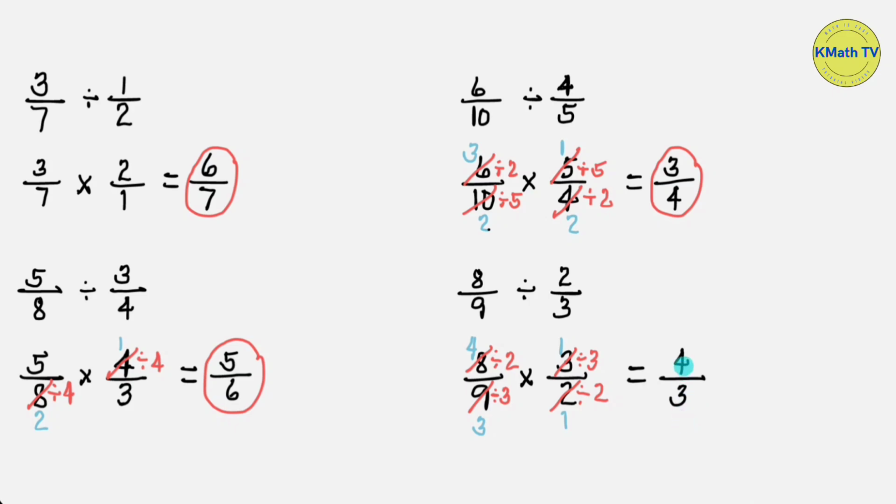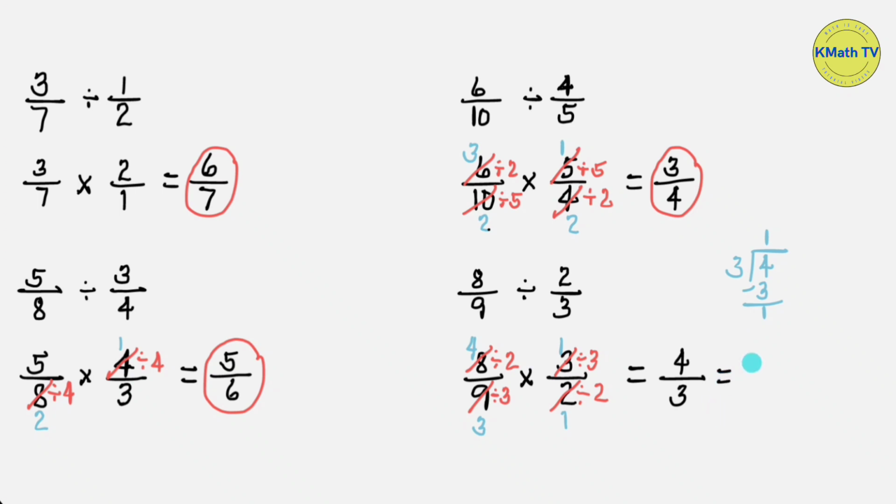It is an improper fraction. The numerator is greater than the denominator. So, we need to simplify it by dividing the numerator by the denominator. If we divide 4 by 3, the quotient is 1 and the remainder is 1. Since there is a remainder, we will write the answer as a mixed number.